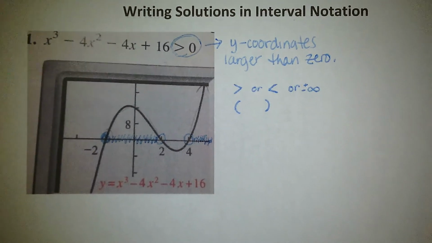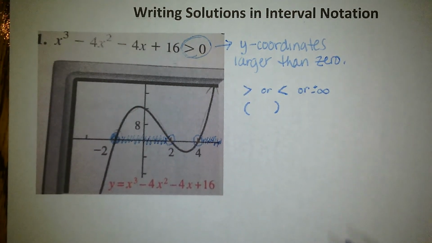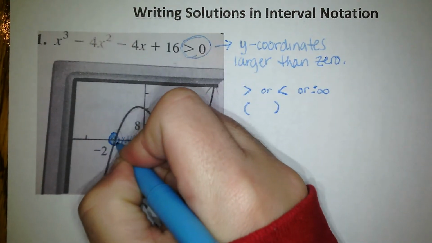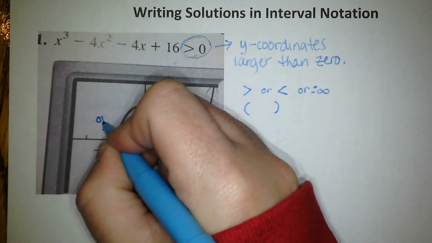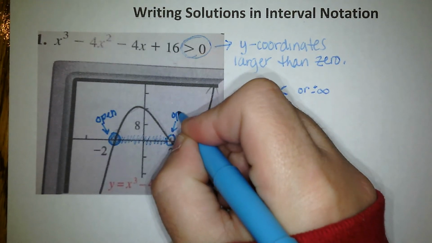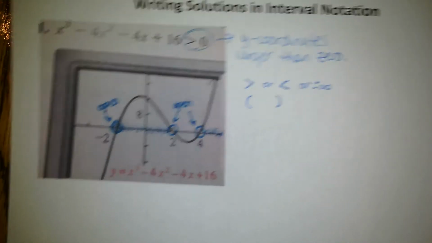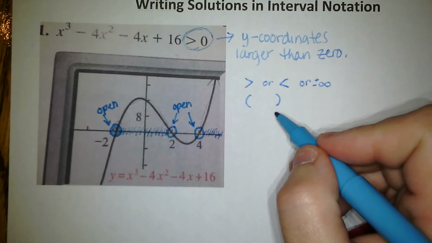So this one is strictly parentheses. Okay, found a better pen. So this is open. It's not filled in. This is open. This is open. This is open. And they're open because there's no equal to. So we're going to use parentheses for that.